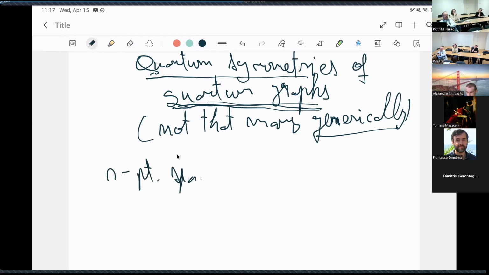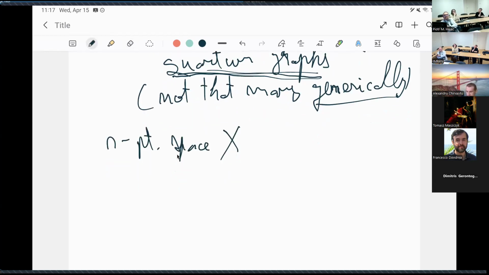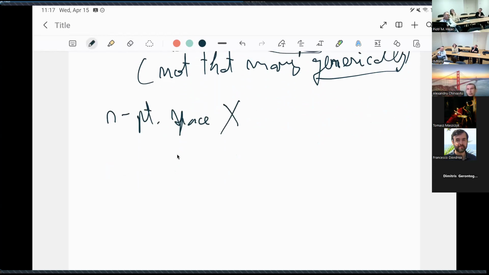Undirected. Endpoint space X. And you construct a graph simply by flipping a coin. This is one possible model of how you might construct a random graph.